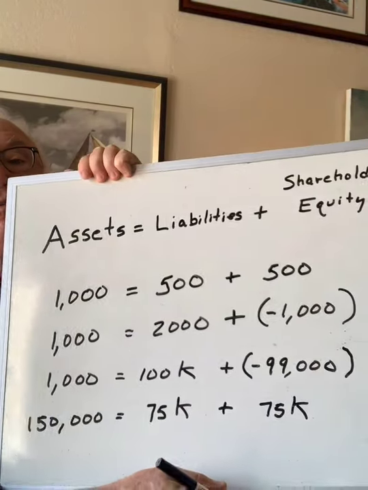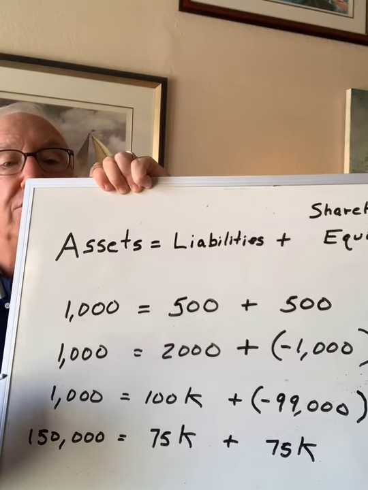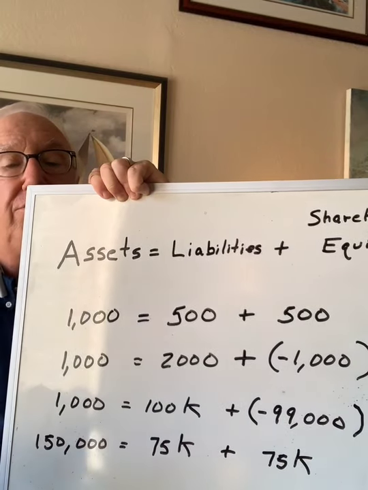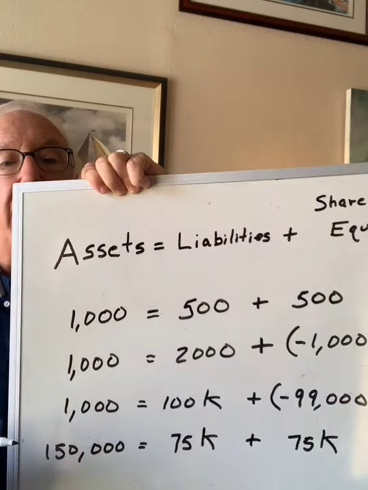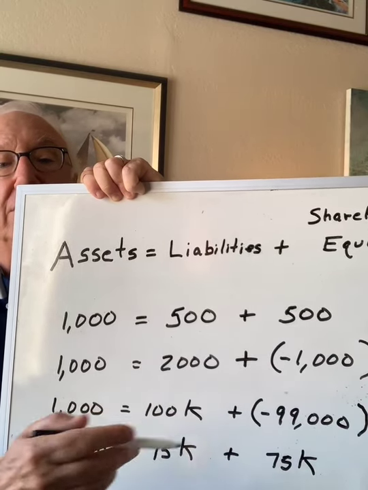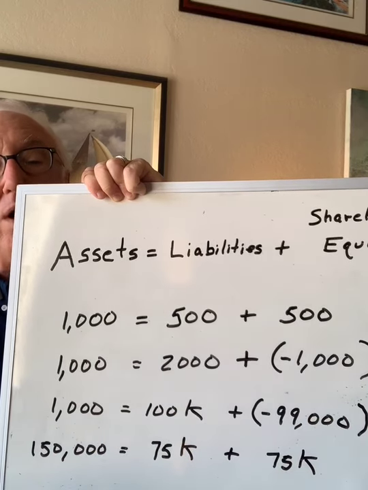Okay, so some good things happened, right? You went from a starving college student with a degree and no job and a lot of debt to a thriving, money-making musician who now has $75,000 of personal equity, of wealth.